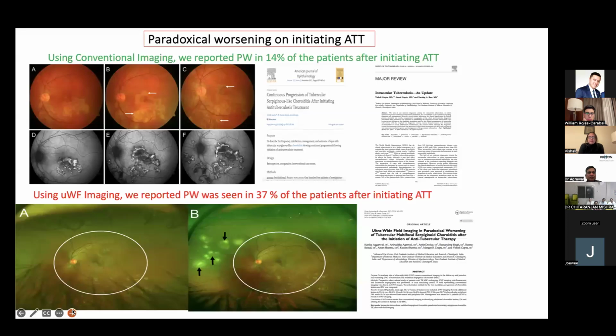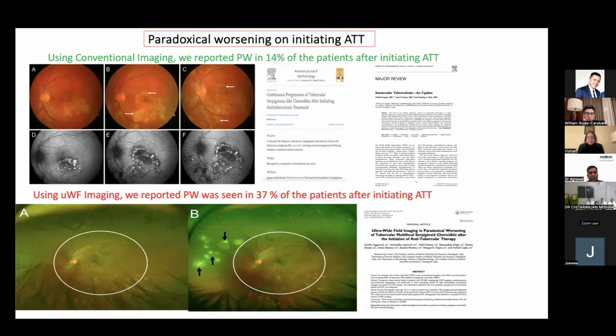The top panel shows when we first reported paradoxical worsening; actually, we called it continuous progression of TB serpiginous-like choroiditis after initiating anti-TB treatment. Using this image, we thought the incidence of paradoxical worsening was 14% after we start ATT.